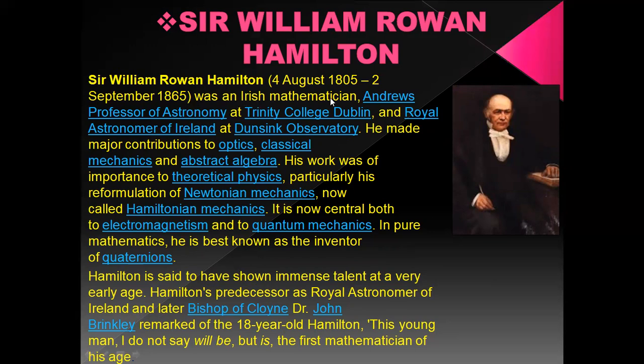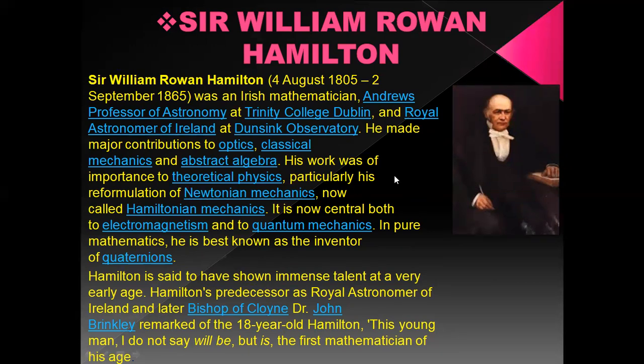He was an Irish mathematician, Andrews Professor of Astronomy at Trinity College, Dublin, and Royal Astronomer of Ireland at Dunsink Observatory. He made major contributions to optics, classical mechanics, and abstract algebra.